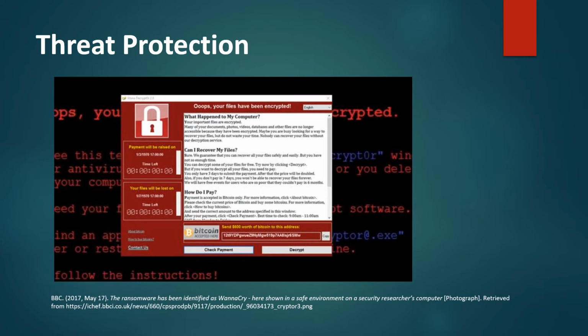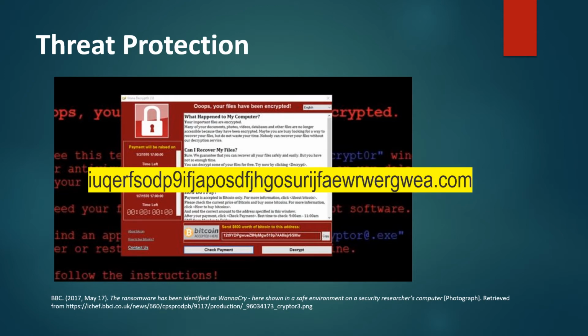When the attack took place, a number of security experts were trying to stop the spread, and they tried to reverse engineer the malware. They found that inside the malware, a very random domain name is used. The malware was trying to connect to this domain as a kill switch. If the attempt to connect to the domain was successful, that means it's in a simulated environment, not in the real environment, because such a domain is rarely used.